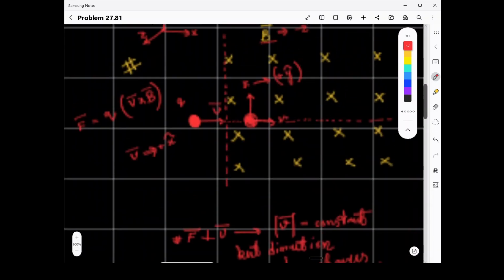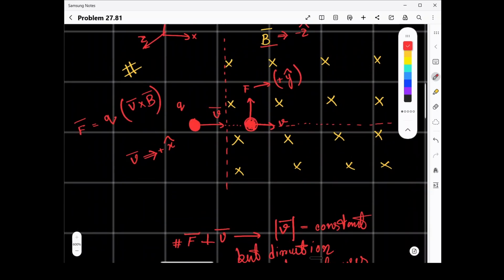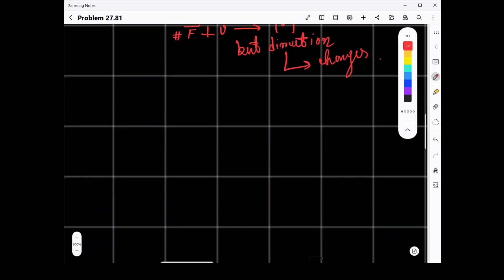As there is a force acting perpendicular to the velocity, due to this force it would be doing a circular motion having some radius r. Let's draw this diagram again carefully. Here is the circle, with a charged particle having velocity v.